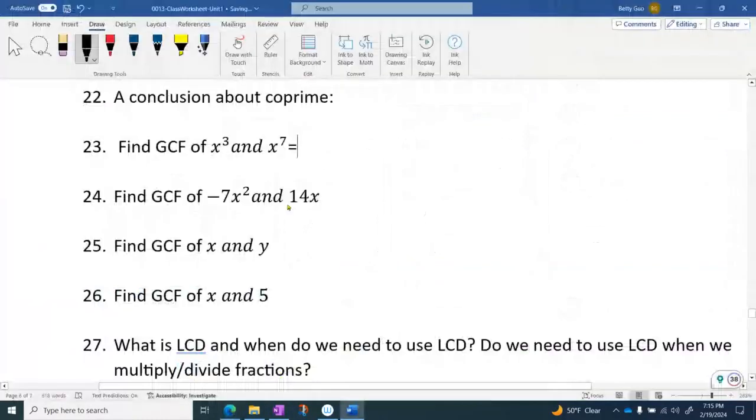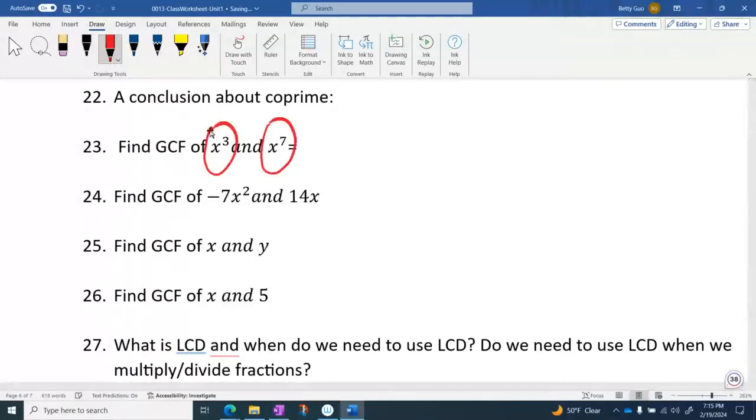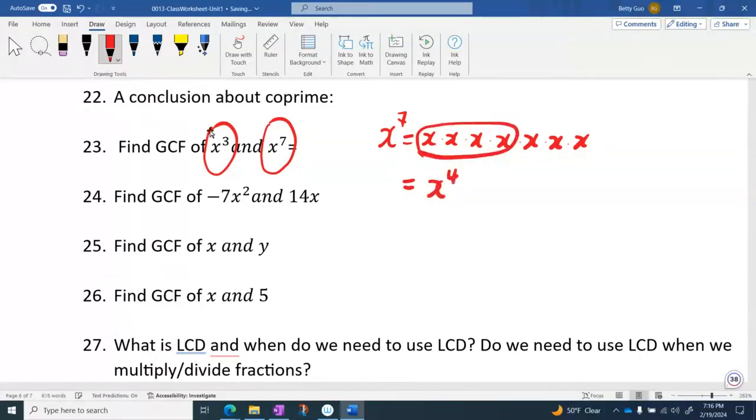Let me remind you, this is the first special case. Let me break it down. We have two quantities, not numbers anymore, x cubed and x^7. x^7 is x times x, seven of them. The first four x's can be written as x to the power of 4, and the last three x's can be written as x cubed.